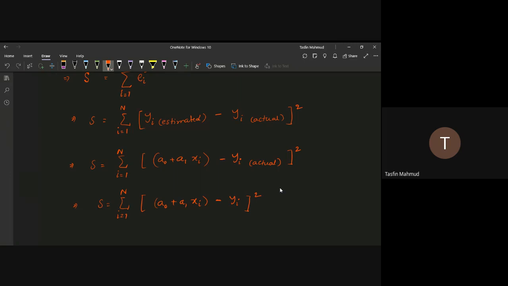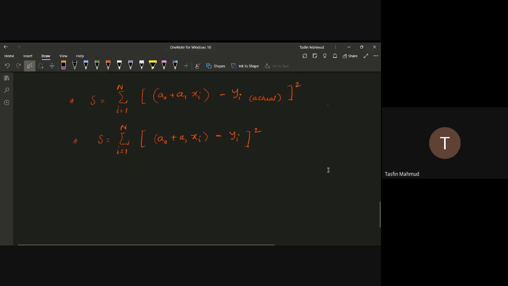So now we are going to take the derivative as we want to minimize the error. So this is our error, the summation of all the errors, and we are going to minimize this thing. And as you know, to minimize or to determine the minima, we have to take the derivative and equate it with 0, right?